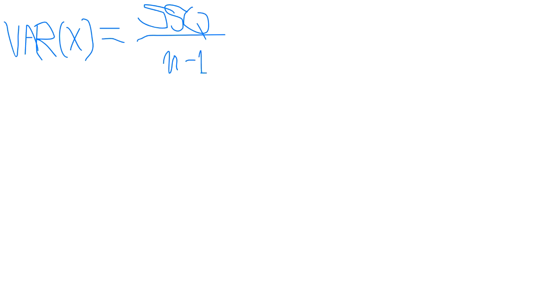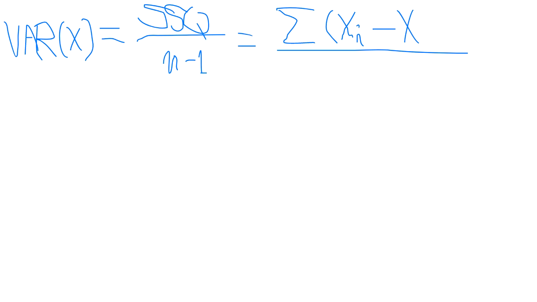So what were the sum of squares? Sum of squares were literally the sum of all the squared difference terms, xi minus x bar, squared.